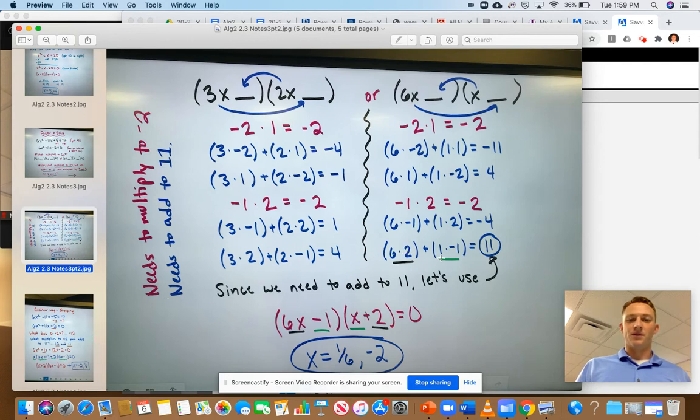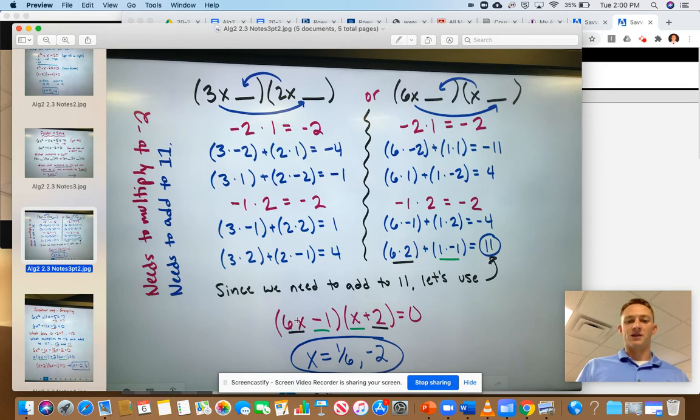These two numbers, 2 times negative 1, multiply to negative 2, and when multiplied by our x's, 6 times 2 is 12, plus 1 times negative 1 is negative 1. So 12 minus 1 is 11, adds up to 11 right there. Let's use these combinations. So remember, this is 6x times positive 2, but we multiply the outside.